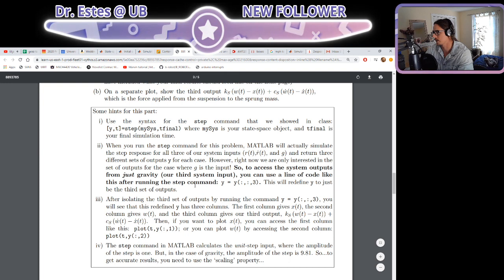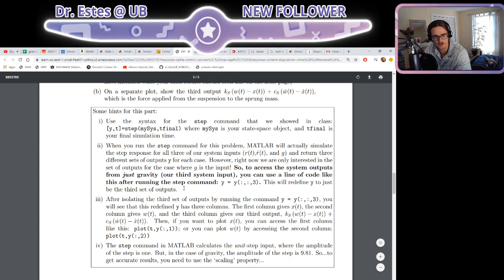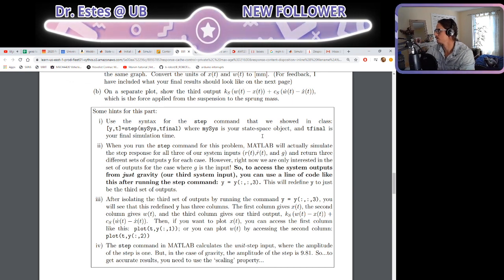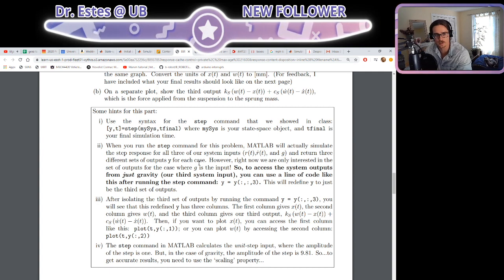The second hint, because we have 3 inputs to our system, the way I've defined everything, when you use the step command in MATLAB, it'll give you back 3 sets of outputs, for the case of if you gave a step input to one of your inputs or your second input or your third input.